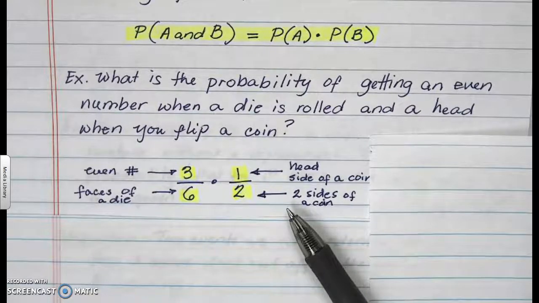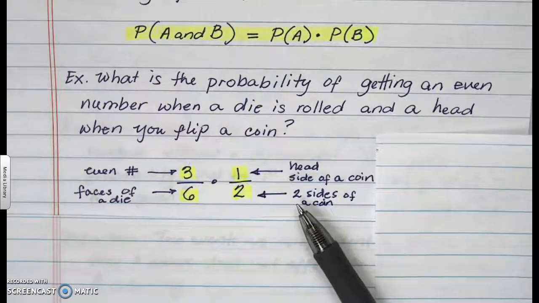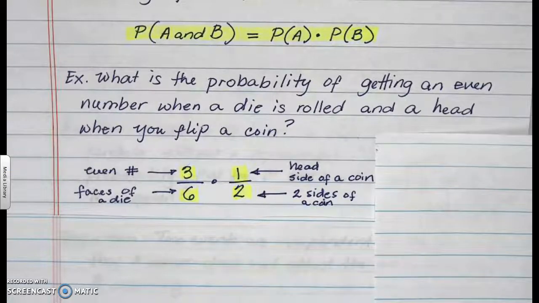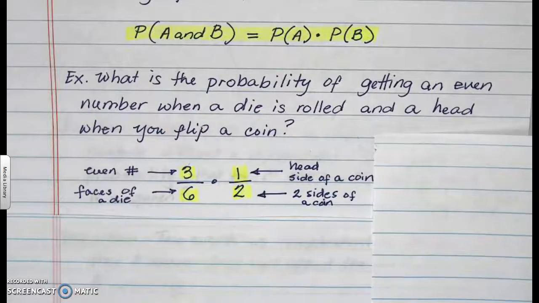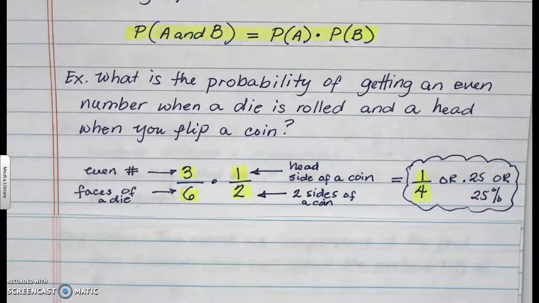A coin has two sides, and the probability of getting the head is 1 out of its two sides. Therefore, the probability of getting an even number when you roll a die and a head when you flip a coin is 1 out of 4, 25%, or 0.25.